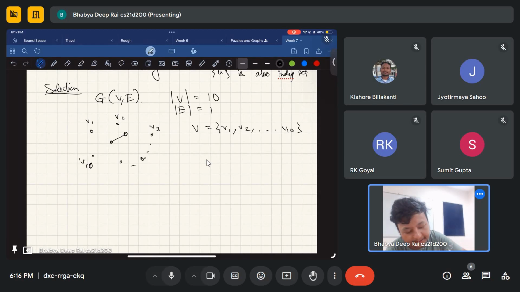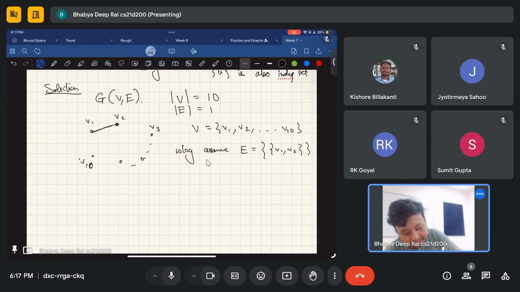It could be between any vi and vj, but for the sake of simplicity, without loss of generality, assume that the edge set is just one edge between v1 and v2.